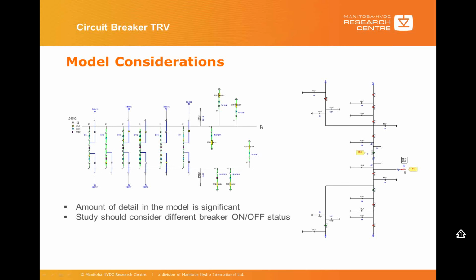With isolated bus bars, your short circuit levels can go up and down depending on the configuration as well as the operating procedures in the station. You have to pay more attention to that to ensure that you get the maximum credible short circuit current through a breaker for the TRV study.